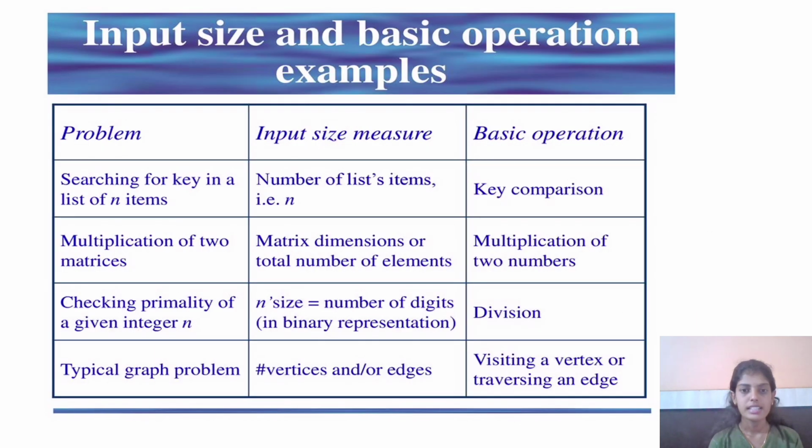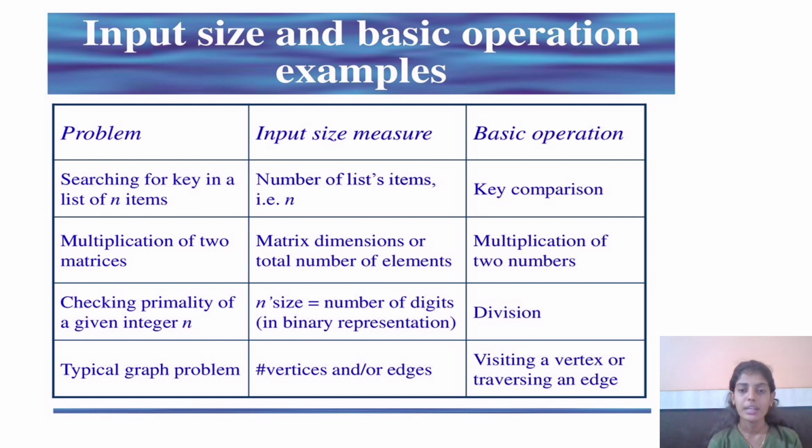Input size and basic operation examples. Problem: searching for a key in a list of n items. Input size measures the number of list items, that is n. Basic operation: key comparison. Problem: multiplication of two matrices. Input size measures matrix dimension or total number of elements.